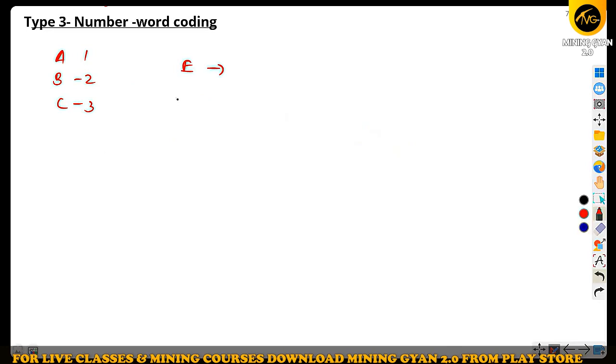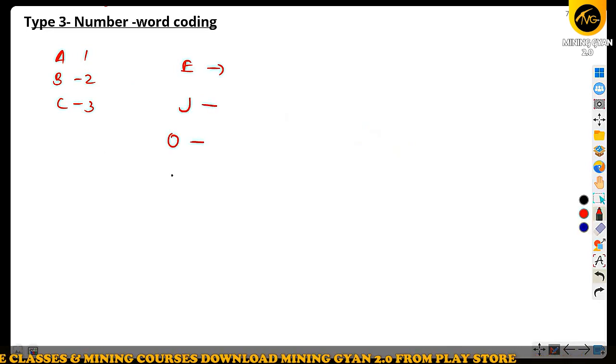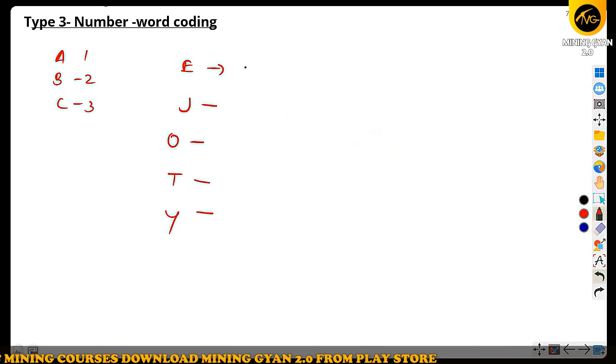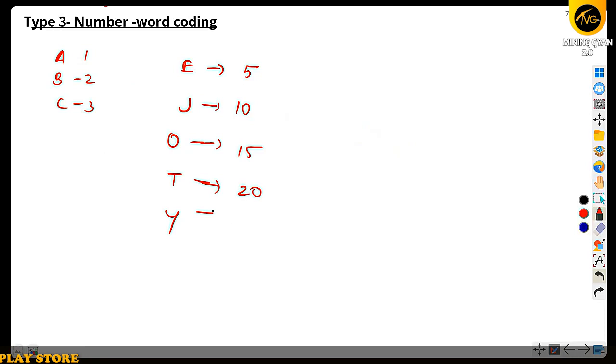You can memorize E, J, O, T, and Y. E is 5, J is 10, O is 15, T is 20 and Y is 25. These are the base numbers.